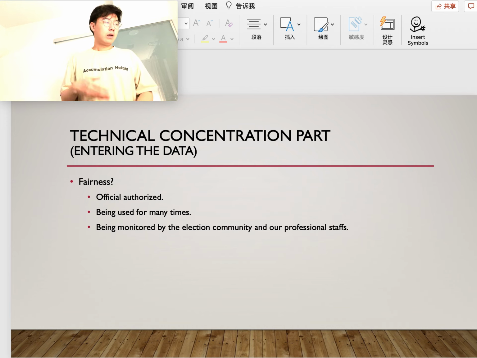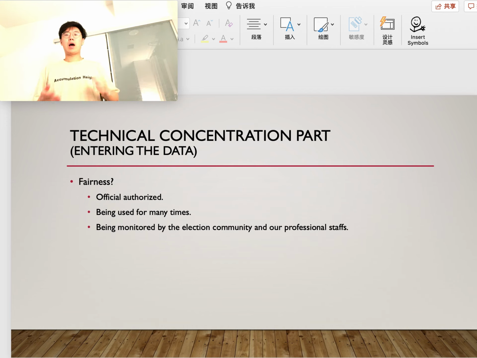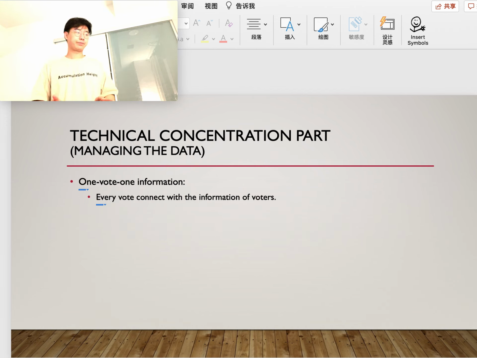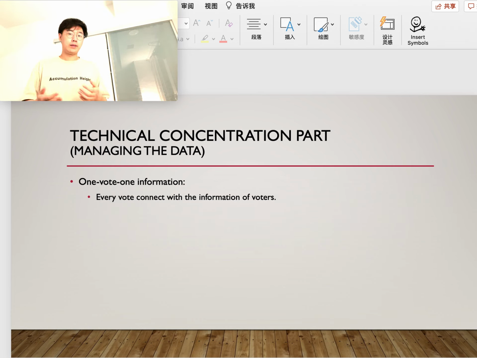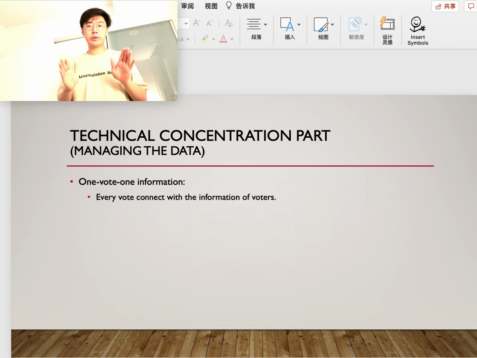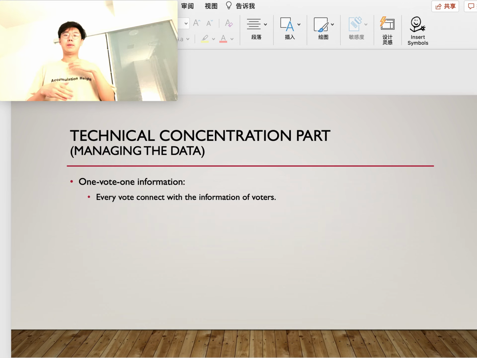Okay, let's move on to the part about management. Every vote in our system has its own number and its own information. If you want to look into one vote, you just need to enter some key words or the number of the vote, and all the information will be displayed.